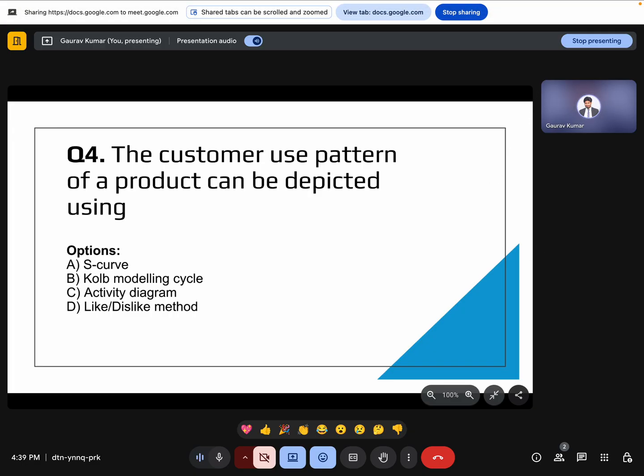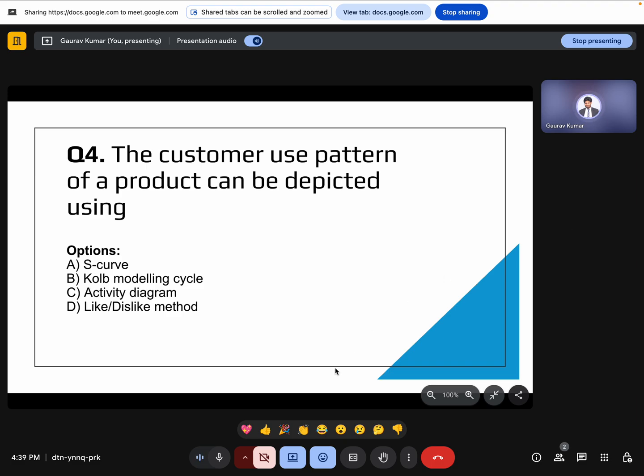So an activity diagram is the correct tool for mapping customer use patterns. It shows the sequence of steps, decisions, and interactions in a flowchart-like manner. This makes it possible to visualize exactly how customers engage with the product from start to finish under different scenarios.